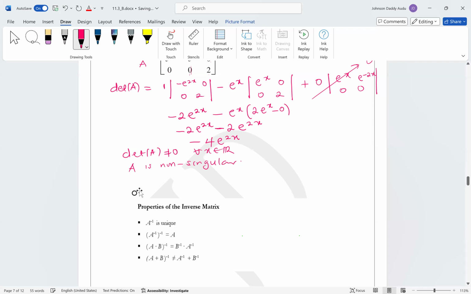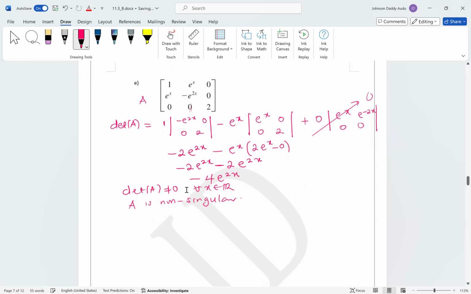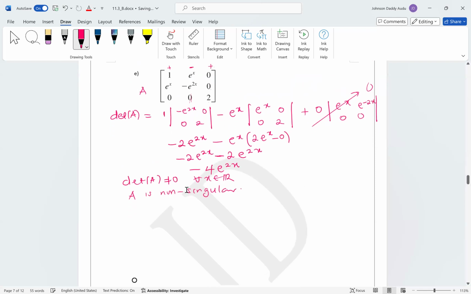So how do you find the inverse of A in this case? You can find the inverse of A using the same row operation we did. So let's see. This is 1, e^x, 0; e^x, e^(-2x), 0; and this is 0, 0, 2.